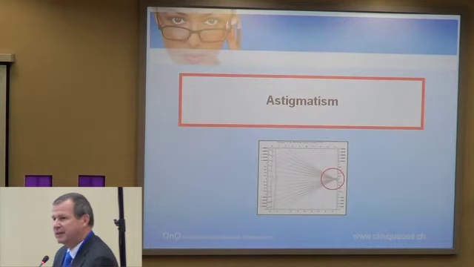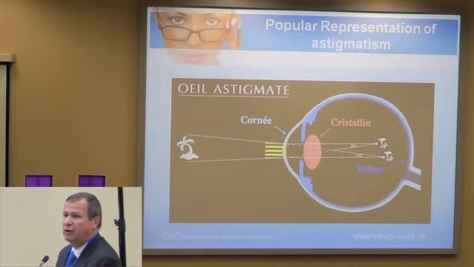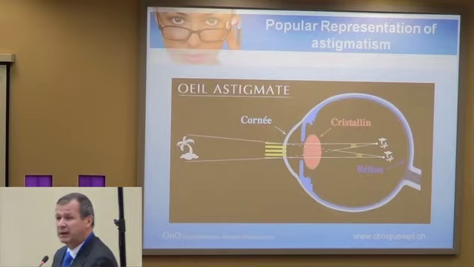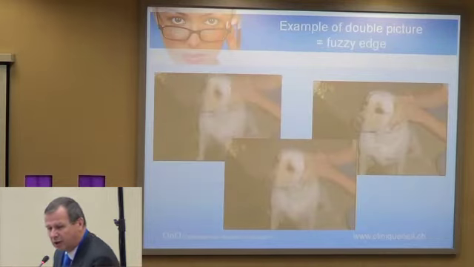Now let's go to the astigmatism. Most of the popular, or most of the ophthalmologists, think that when you have an astigmatism, you have a double image. Most of the patients say, I see double, when you have an astigmatism, but it's completely wrong. And that's my dog.